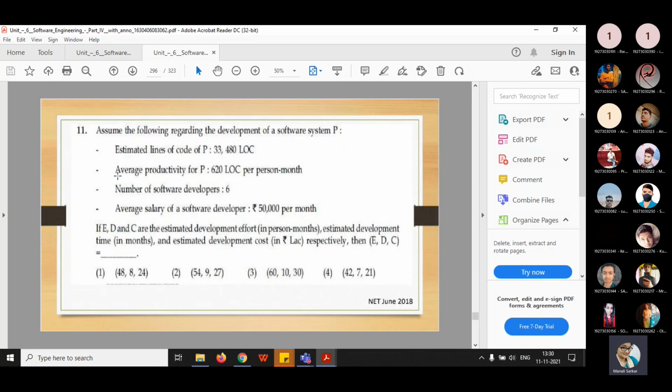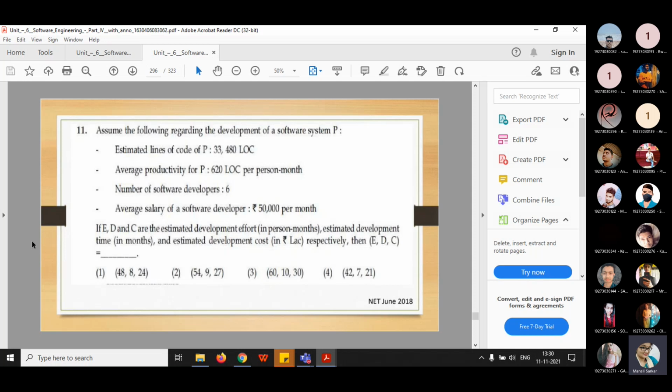Next, the average productivity for P is given as 620 LOC per person month. Remember, 620 LOC per person month. Next, the number of software developers is 6. The average salary of a software developer is 50,000 per month.